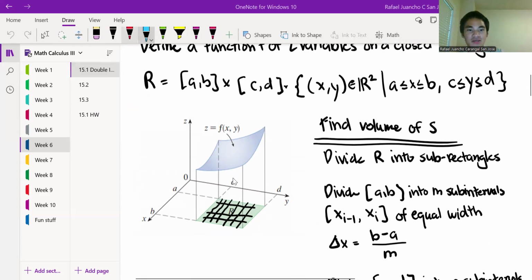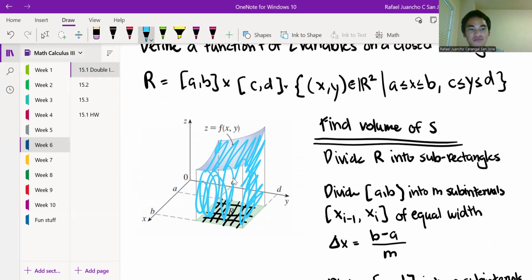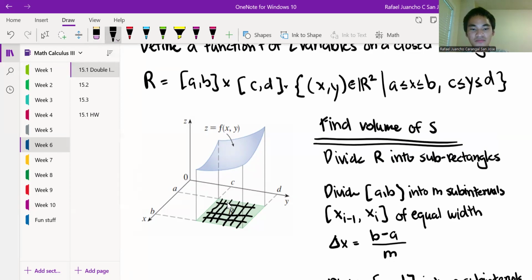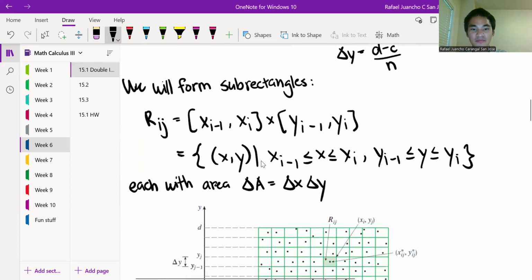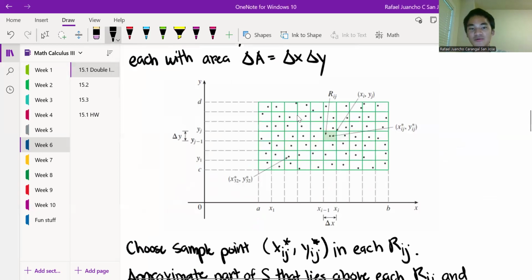So in this case, if we take this example here, we're trying to find the volume of all of these things. So that whole volume, right? So it's not just the quadric surface, but it's also the volume underneath that quadric surface all the way to this rectangle. And that's how we were introduced to double Riemann sums.